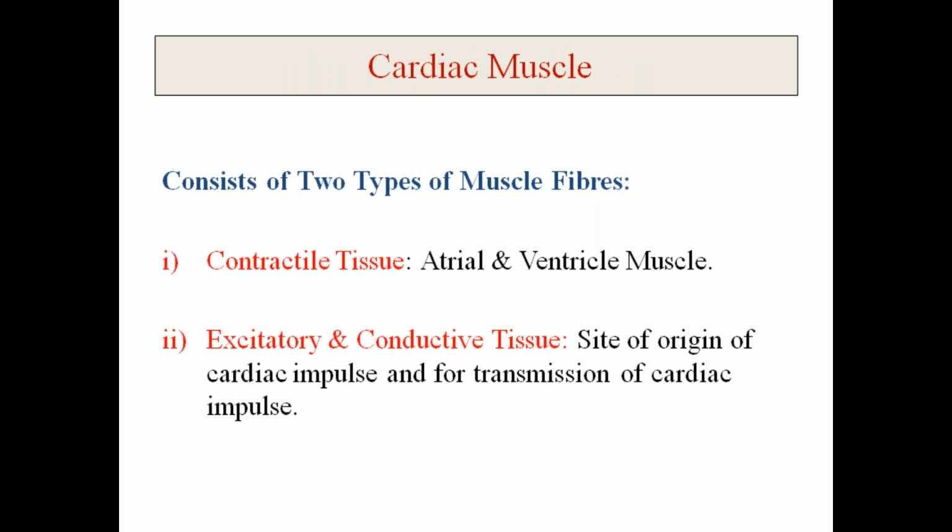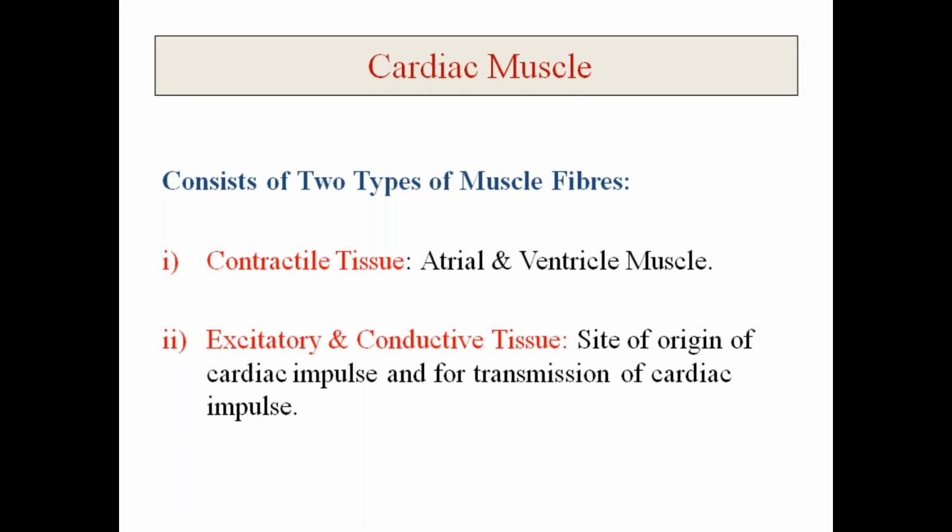Now, if you see the cardiac musculature, you will observe that your heart is made up of two types of fibers. One is the contractile fiber, and another is the excitatory and conductive fibers. Most of your atria and ventricles are made up of contractile fibers, and we know that your heart is involuntary.